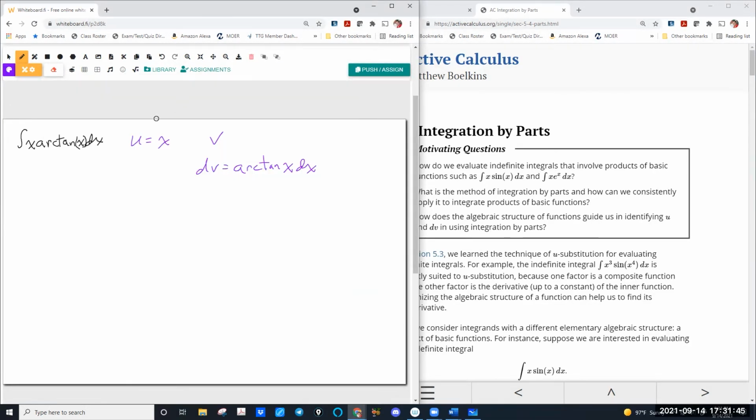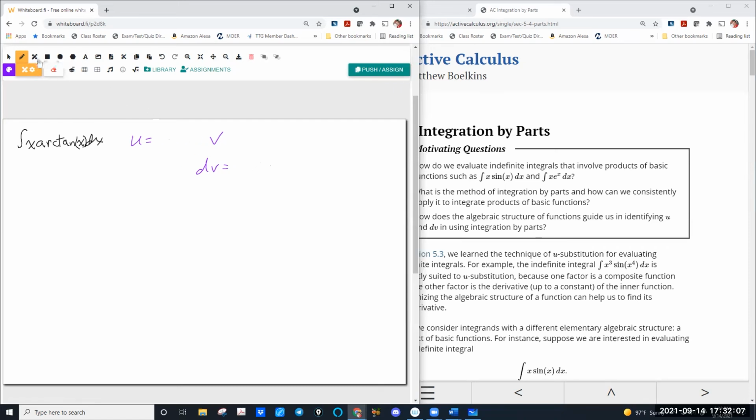So this is going to be a case where our choice of u and dv doesn't necessarily make things easier. The way you're going to recognize that is that we know the derivative of arctan, but we don't know the antiderivative of arctan.